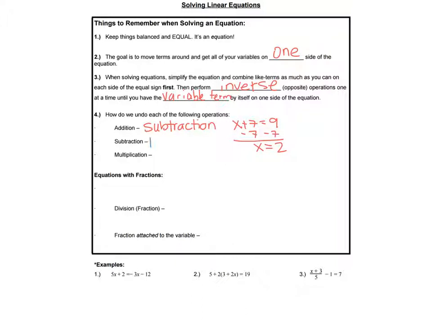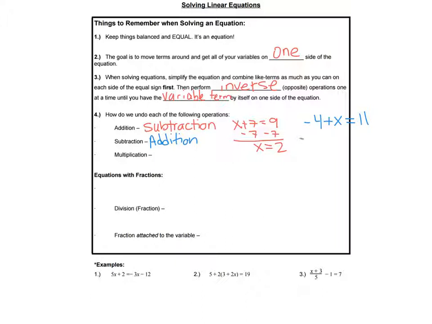The inverse of subtraction would be addition. So if we had something like negative 4 plus x equals 11, to solve for x, we would do inverse operations. So the opposite of adding would be to subtract.